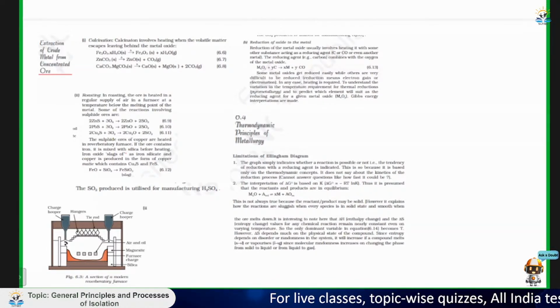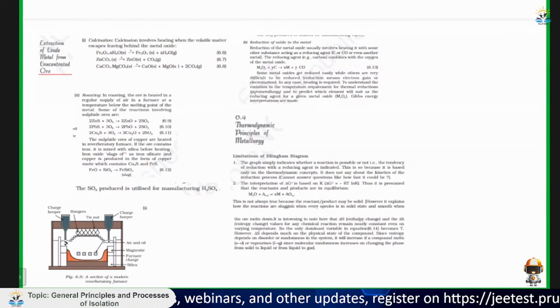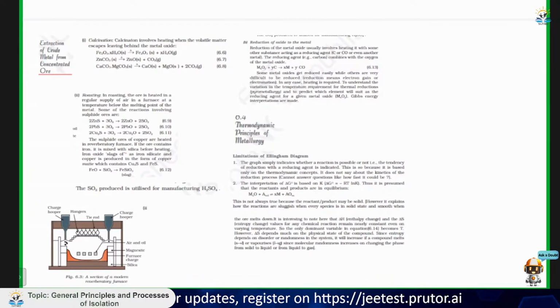Iron oxide slags off as iron silicate, and copper is produced in the form of copper matte, which contains Cu2S and FeS. So it's pretty self-explanatory. Basically, you're gonna add SiO2 to obtain something called slag.